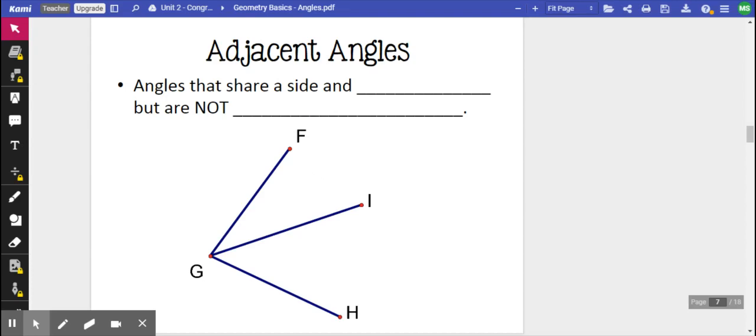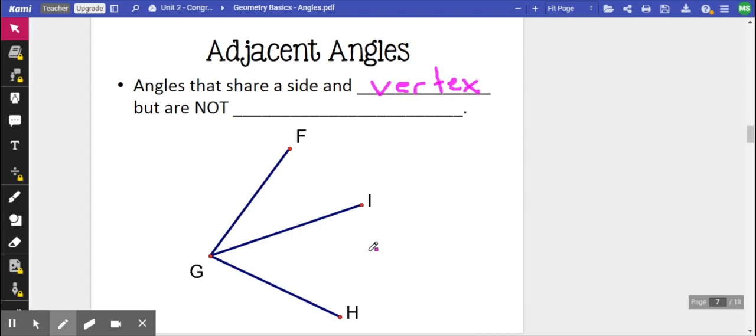Our next definition that we're going to talk about, the adjacent angles, are basically angles that share a side and a vertex. And so we can put in a vertex for our first blank here. And what I'm going to fill this in with is not necessarily equal to each other, because they could be equal.